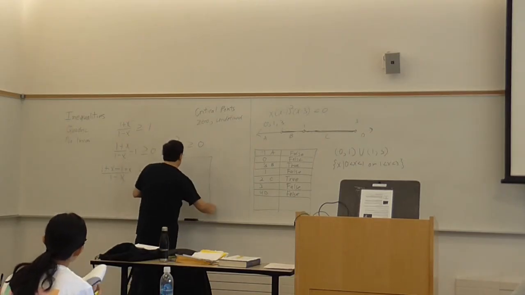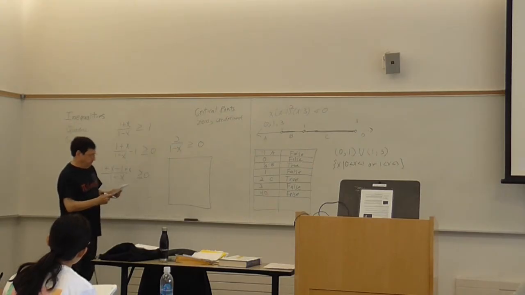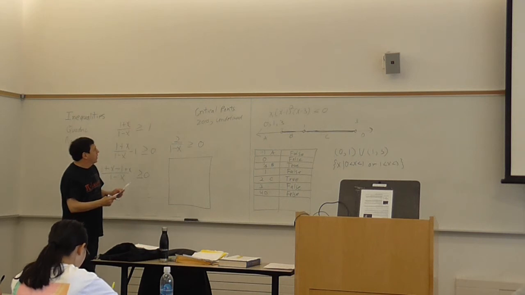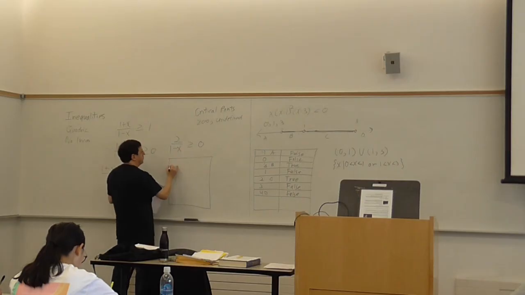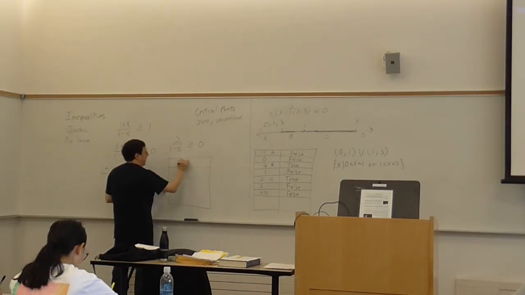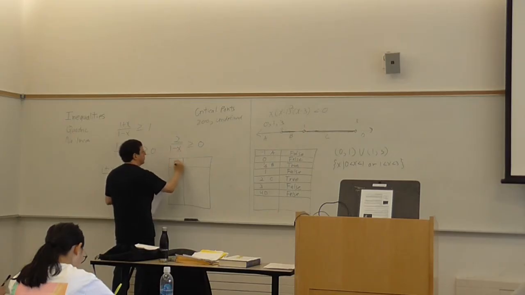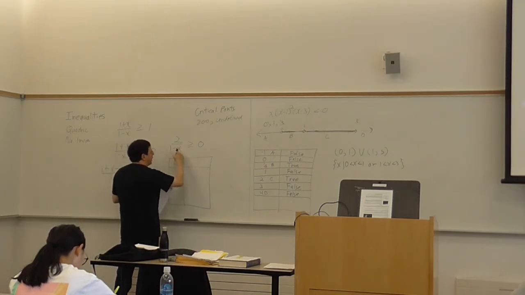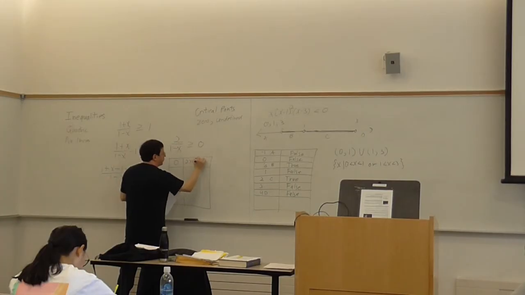So when I do my table, I'm going to have to look at something less than 1. So let's say 0. So 0 would be 1 minus 0 is 1. 2 greater than or equal to 0, so that's true.